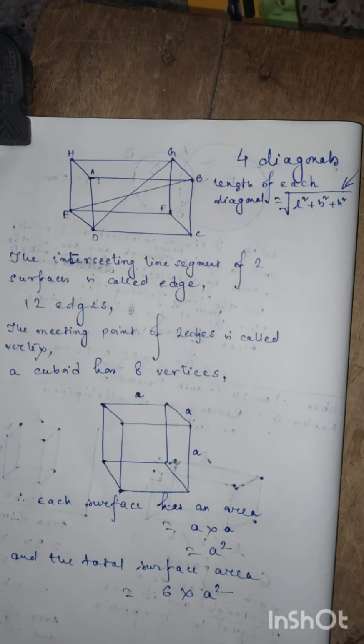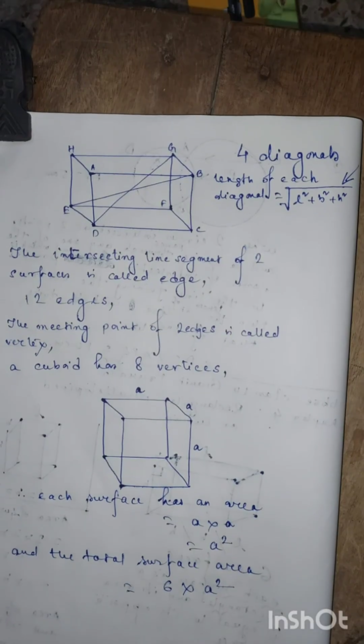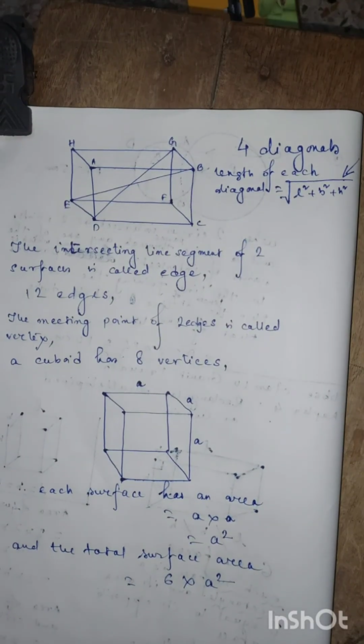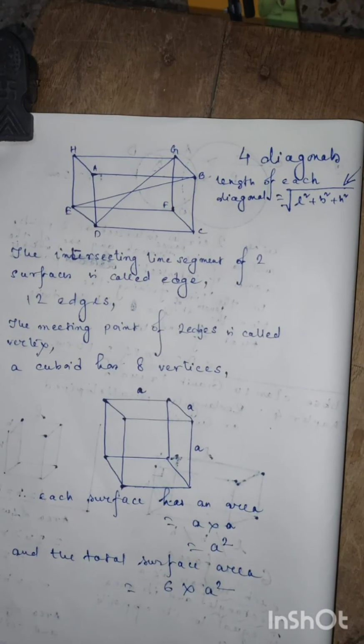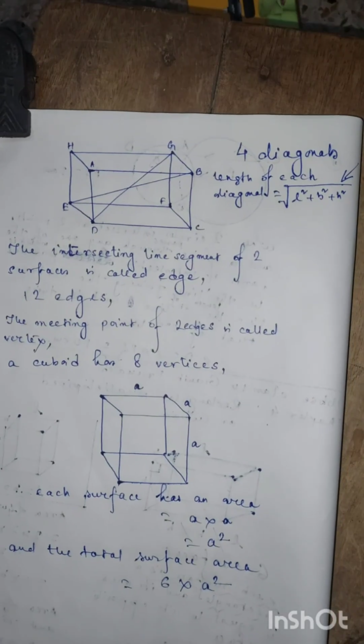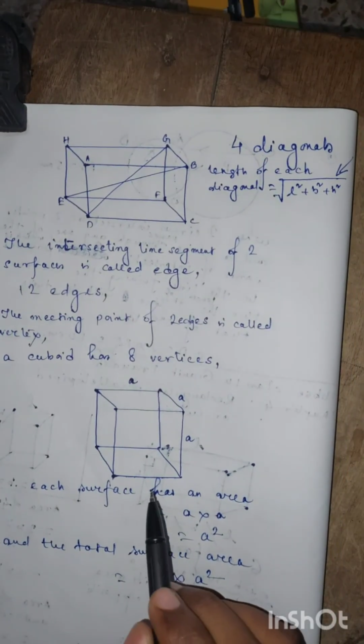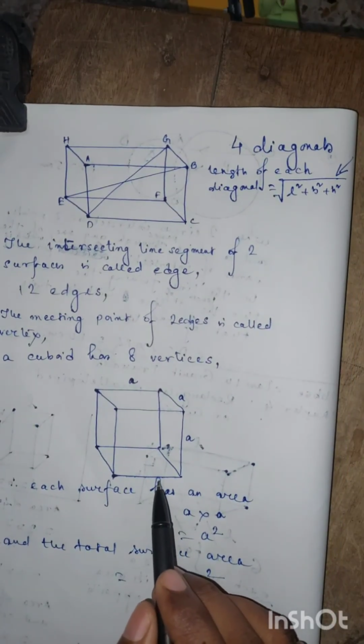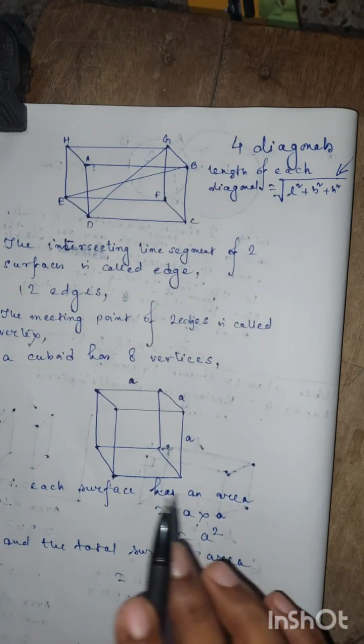Okay, so we have four diagonals. Now, in case of cube, we also get four diagonals of equal length.